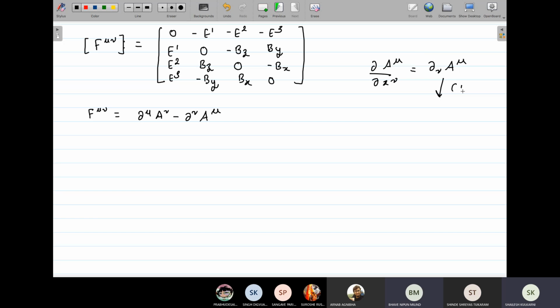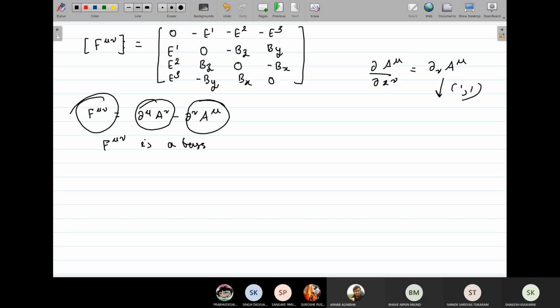As a tensor of rank 2, 0. So F mu nu is a tensor of rank 2, 0.